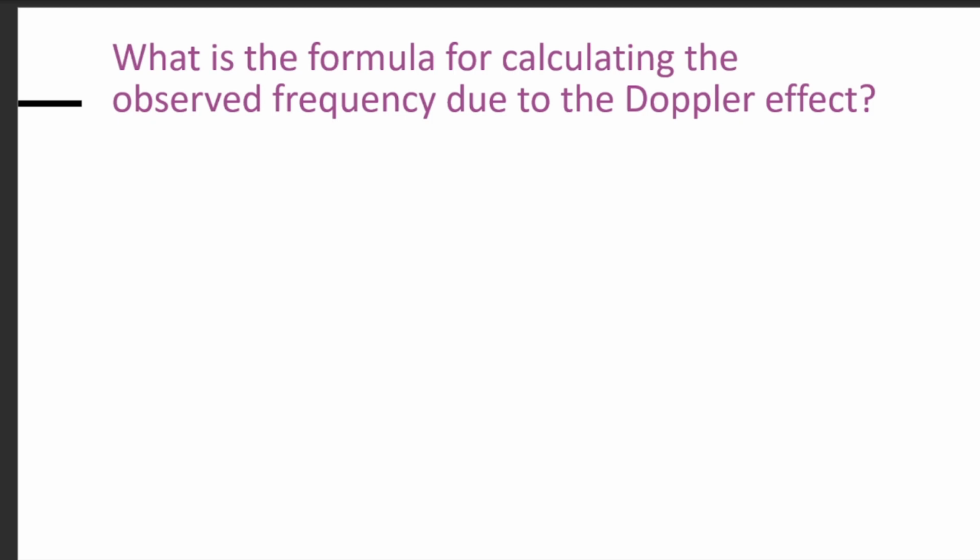First, let's write the formula, because some of you may not like to watch the whole video, so you can note down the formula. The formula to calculate the change in observed frequency due to the relative motion between source and observer could be given as f dash is equal to f times (v plus v naught) divided by (v plus v s).